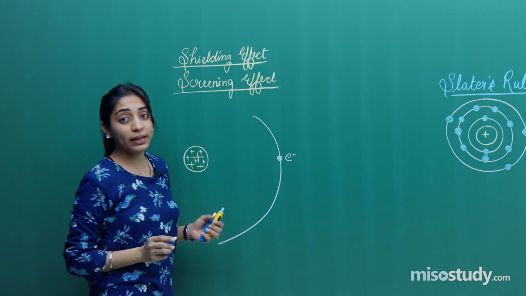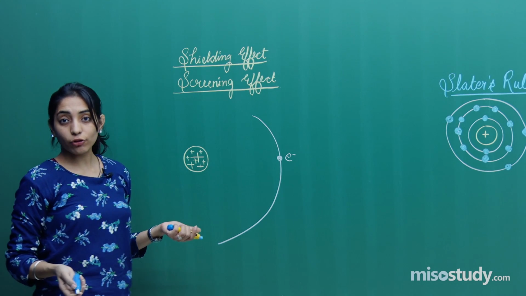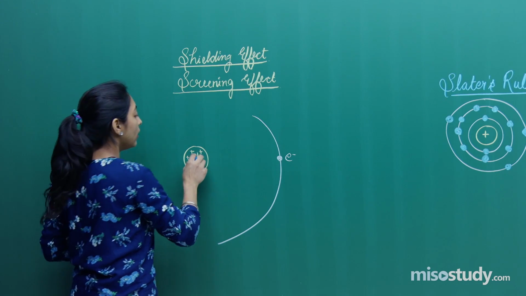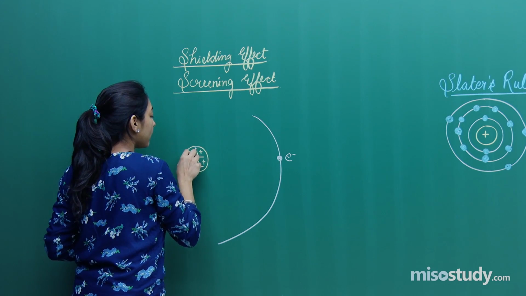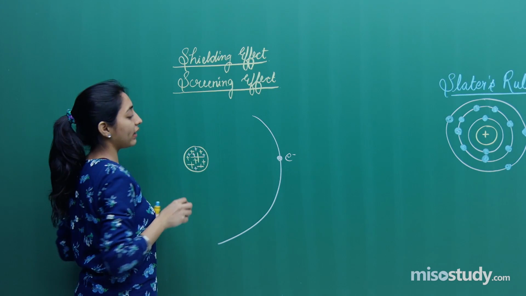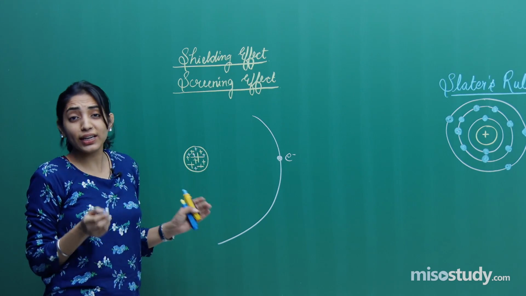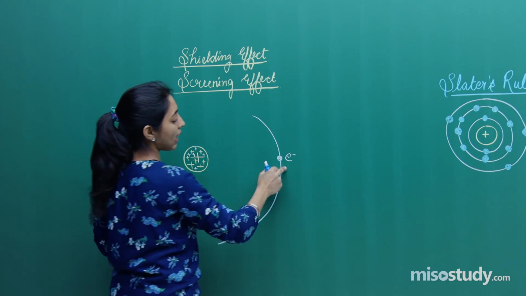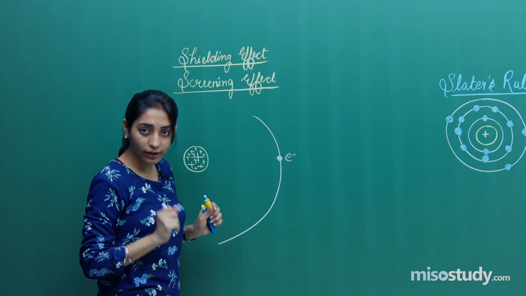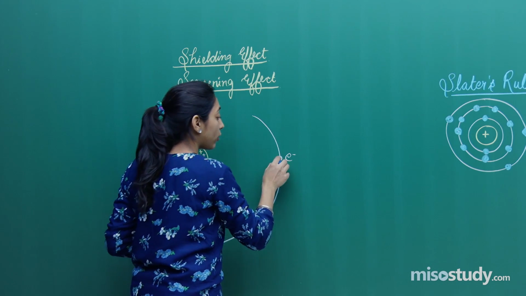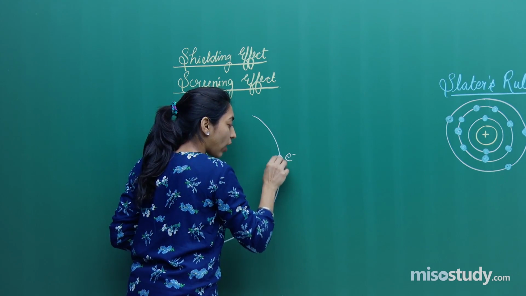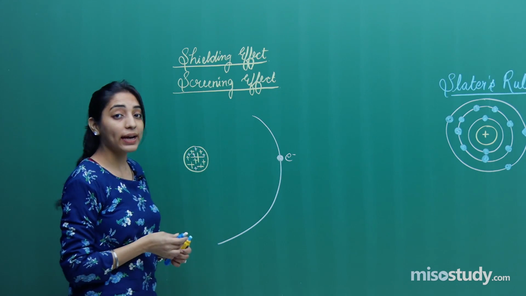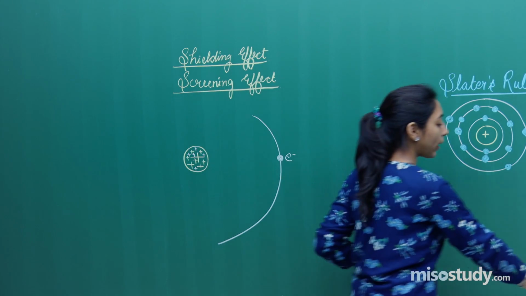I told you if there were no inner lying electrons, then the nucleus would have completely attracted the outermost electron very efficiently. So there would have been a very strong interaction between the nucleus and the outermost electron, right? So now if I consider that case, the charge experienced by the electron would have been written as Z.